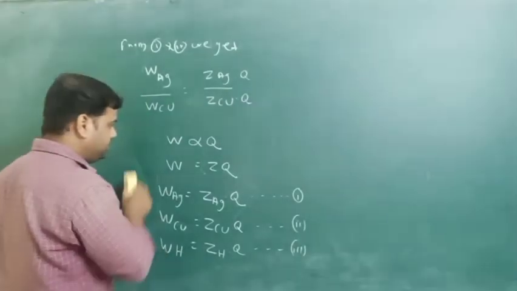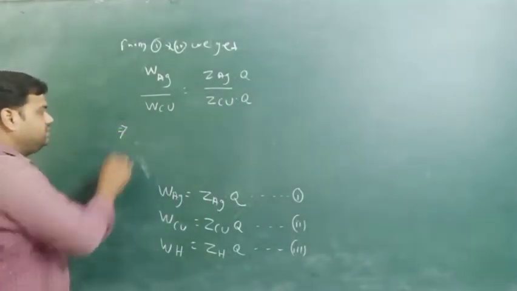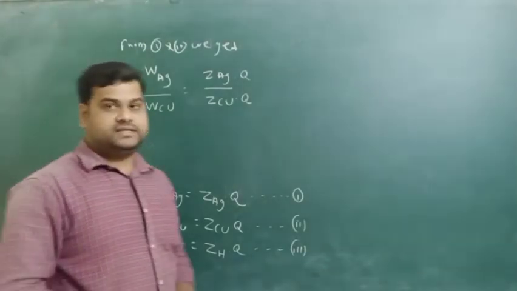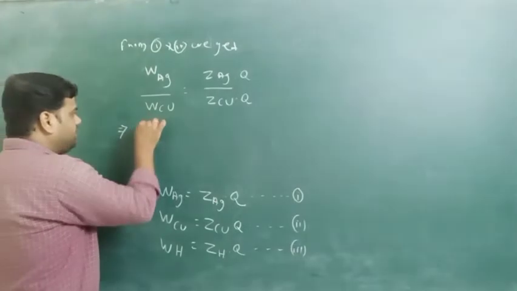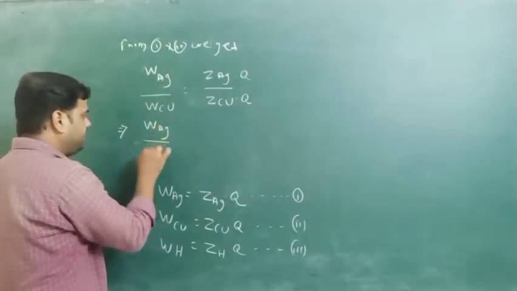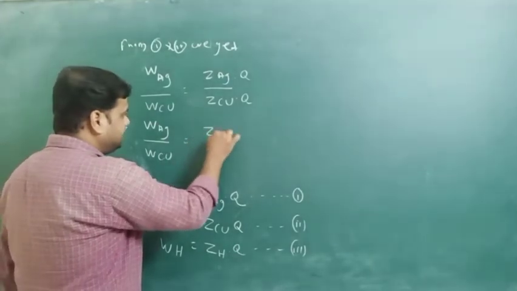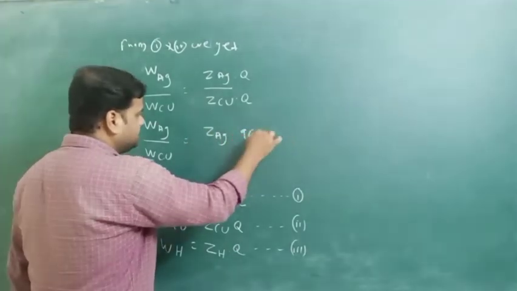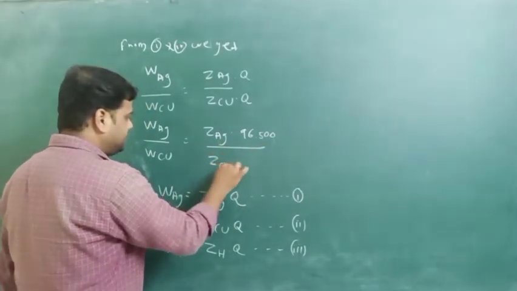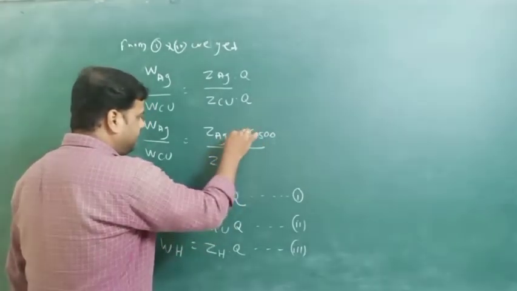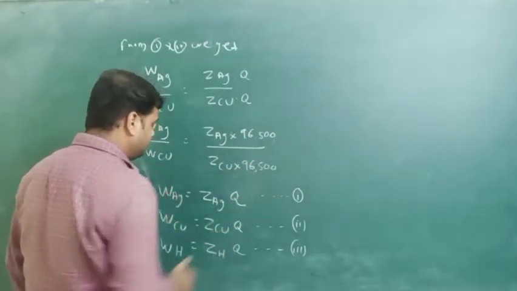We can take the ratio. Here Q is the amount of electricity, 1 faraday, which we have supplied. If you multiply, W_Ag by W_Cu equals Z_Ag into 96,500 coulomb of electricity, and Z_Cu multiplied with 96,500 coulomb of electricity.